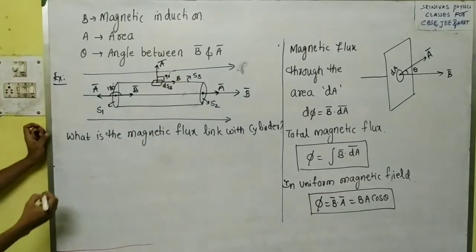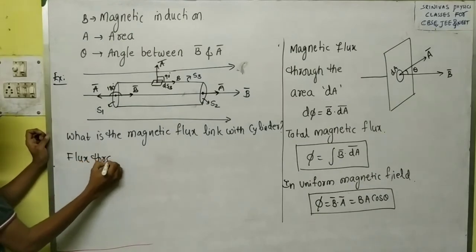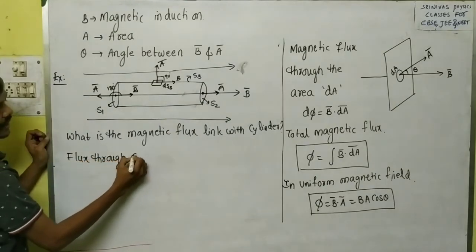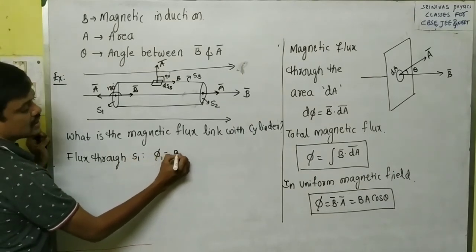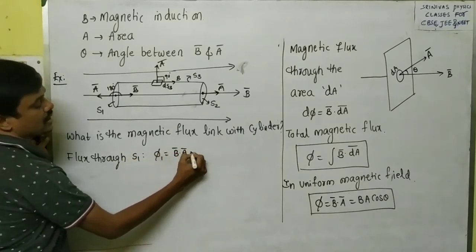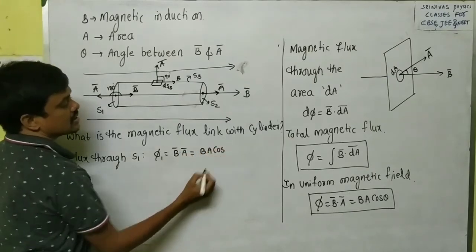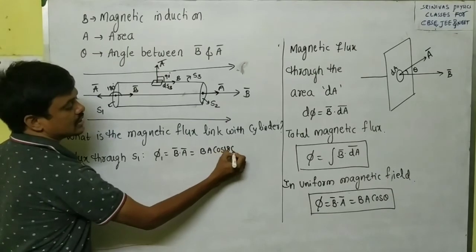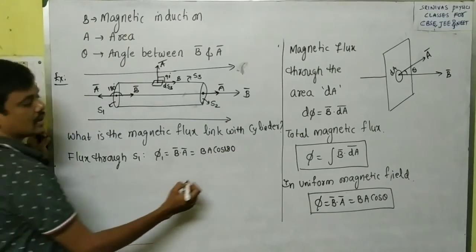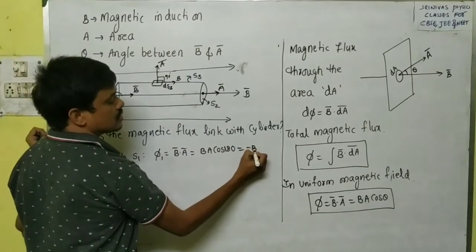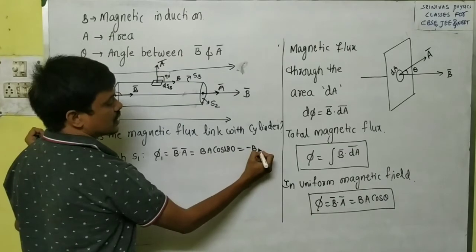Then the flux through S1, phi 1, is B bar dot A bar, that is BA cos theta, where theta is 180. Cos 180 value is -1, so we write minus BA.